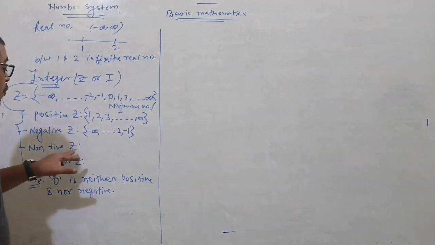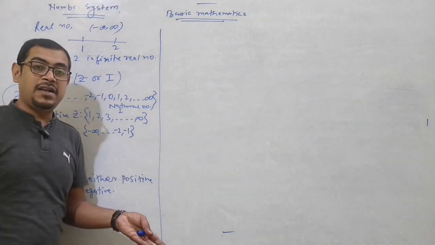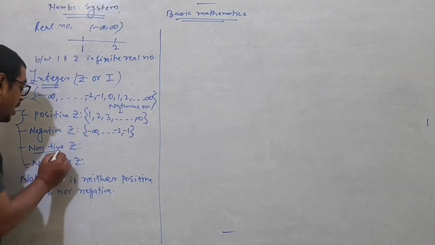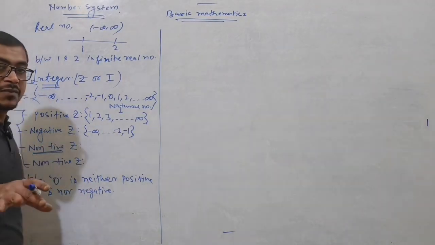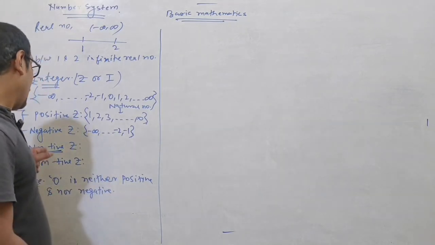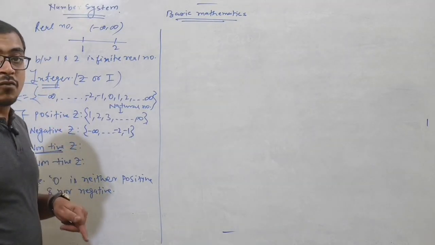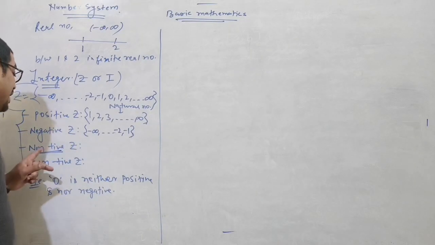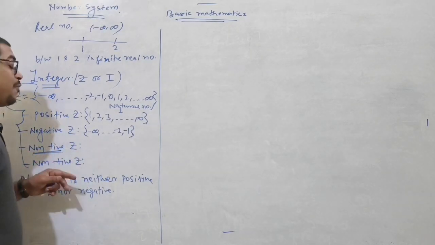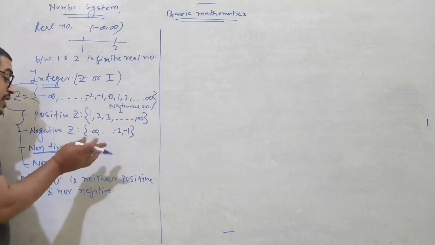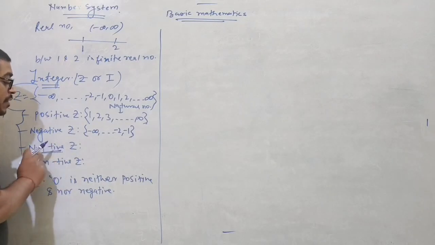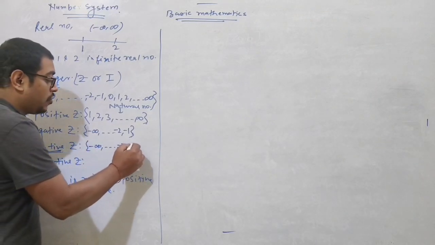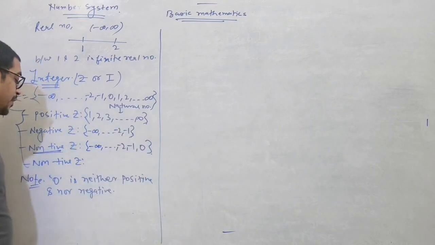Third is the non-positive integer. Non-positive means not positive, that is negative, but this time including 0. Why including 0? Because if you do not include 0 here, it is just negative.